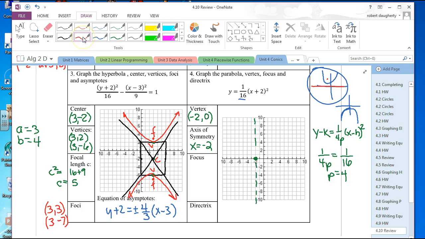So from this vertex, I know this parabola is opening upward. If I go up 4, 1, 2, 3, 4, that is a focus. Go down 4, that is the directrix. So you can graph this parabola as such. The focus is at the point -2, 4. The directrix is the line y equals -4.